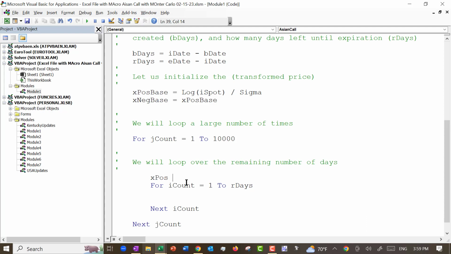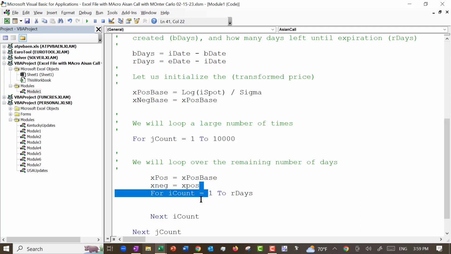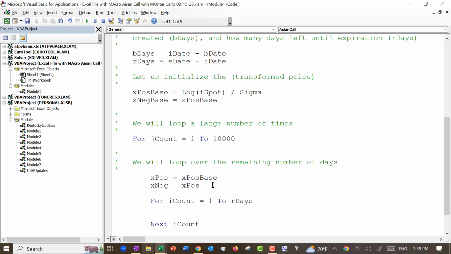xpos equals... okay. First things first, add a random number to the previous x.